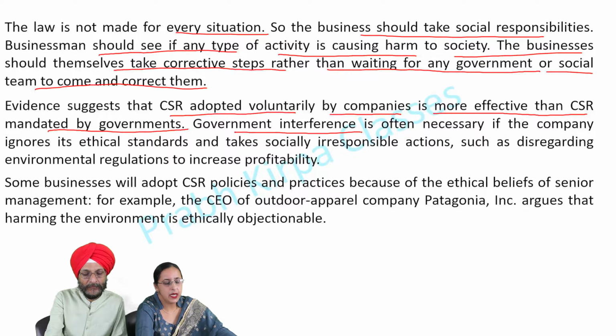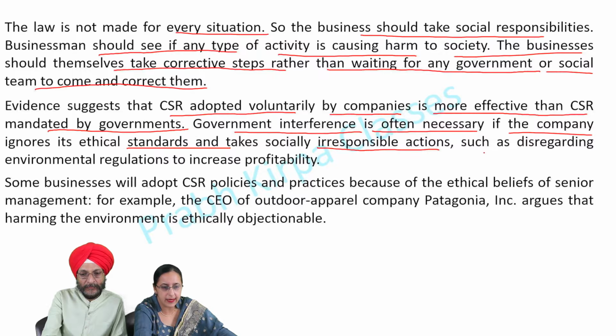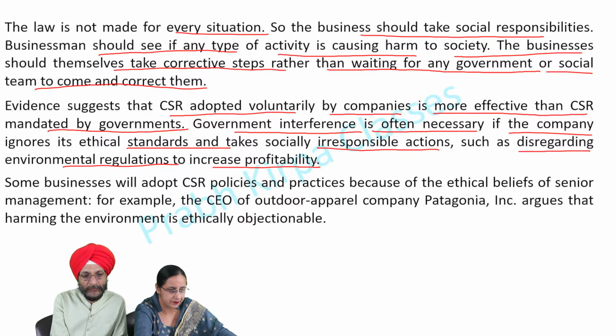Some people argue that government should not interfere in the activities of the business organizations, but government interference is often necessary if the company ignores its ethical standards and takes socially irresponsible actions, such as disregarding environmental regulations to increase profitability.